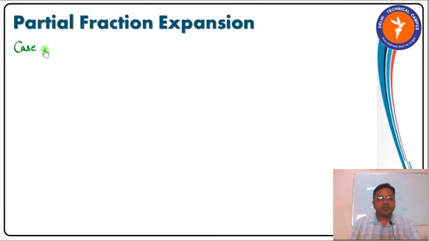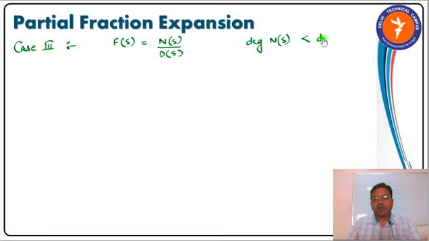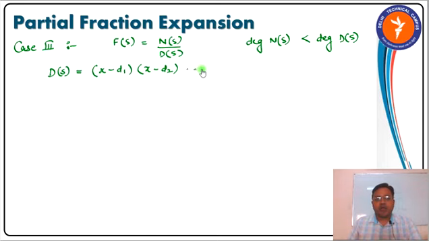We have case number 3, where F(s) is equal to N(s) divided by D(s), provided that the degree of N(s) is less than the degree of D(s), and further we can decompose D(s) into factors like (x minus d1), (x minus d2), and along with the first order factors we have (x minus dn) squared.